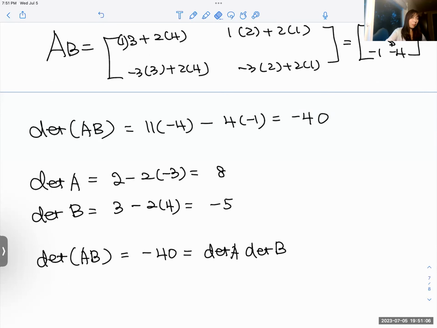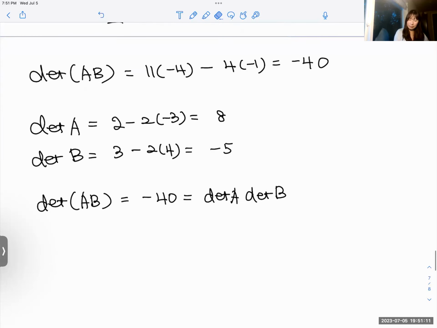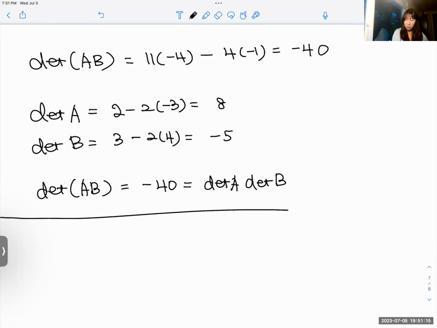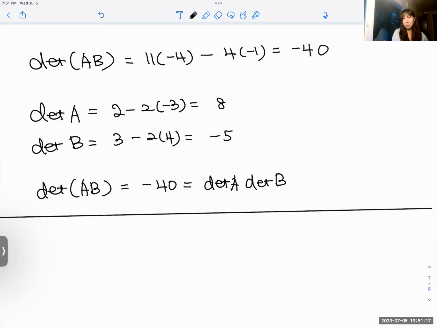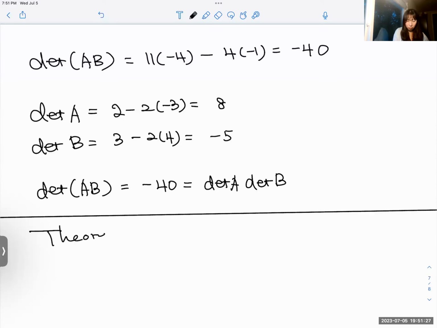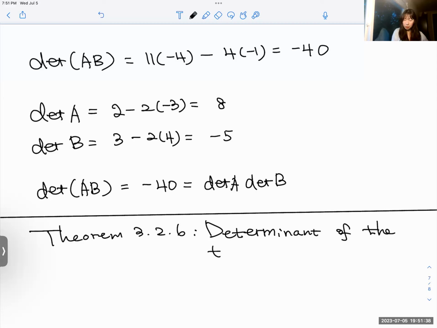Okay. Now, determinant of transpose. Theorem (3.2.6), determinant of the transpose.